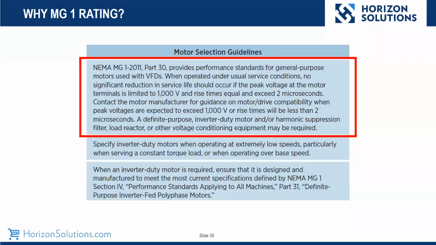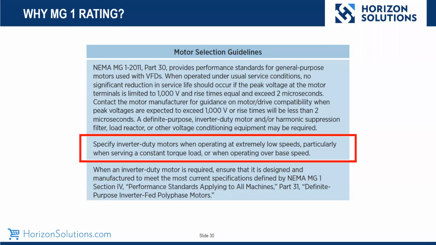So those are the two factors that you have to worry about when you're dealing with a motor manufacturer and you're trying to hold the MG1 rating. Obviously, if you have the MG1 rating and it's inverter duty rated for the MG1, that's better than some of the other sinusoidal motors that in the past people have used on VFDs.